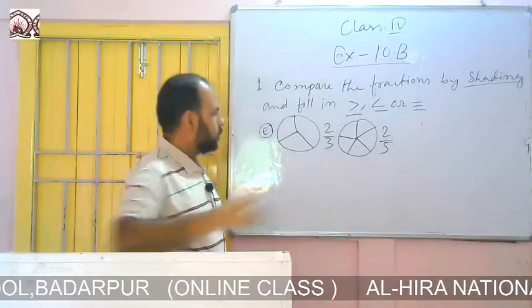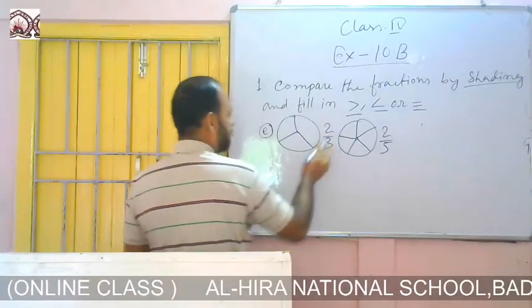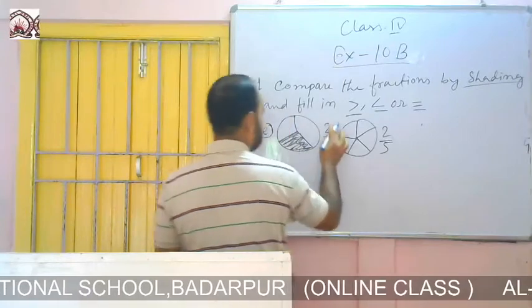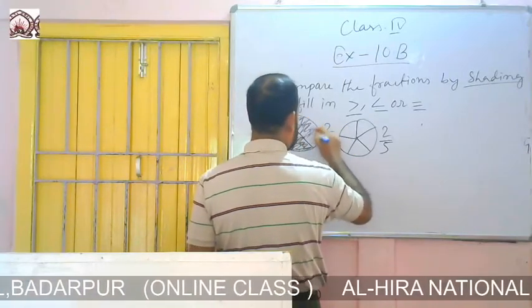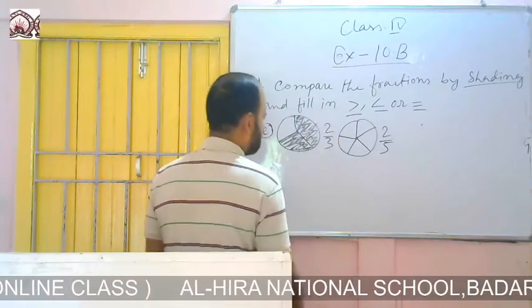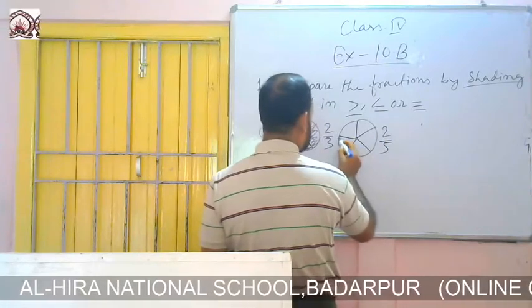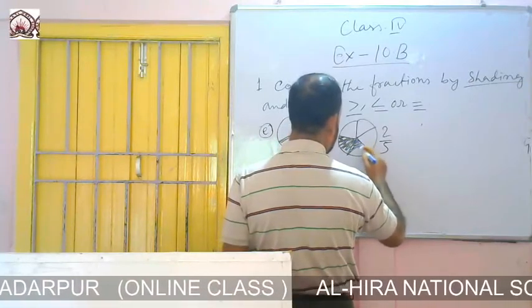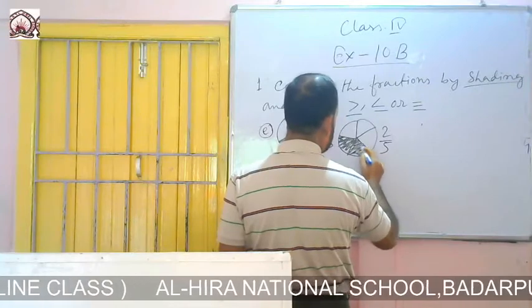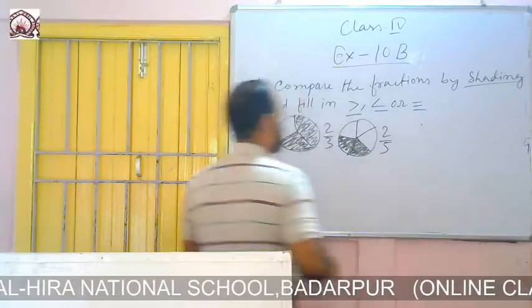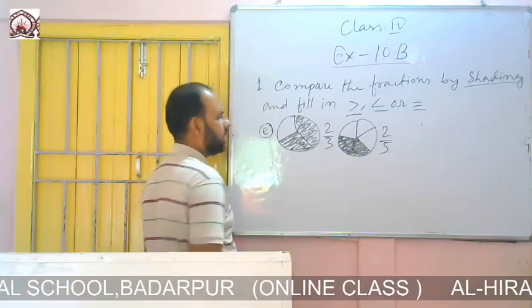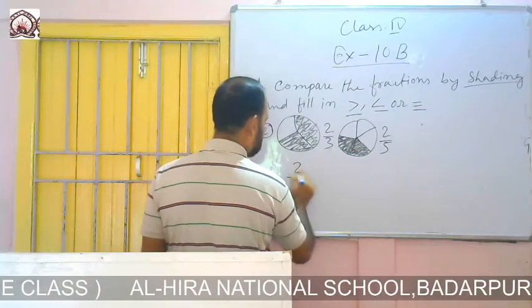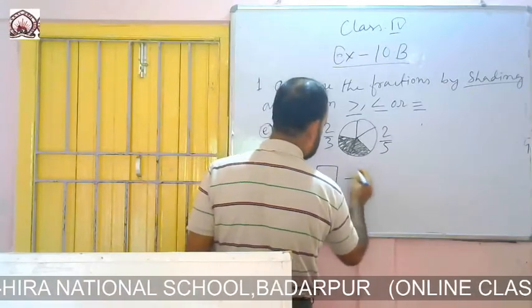Here 2 by 3 means out of 3 parts we color 2 parts, and here out of 5 parts we color 2 parts. So here 2 by 3 and here 2 by 5.